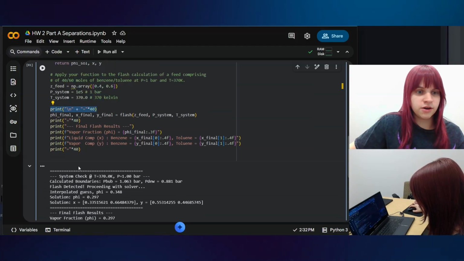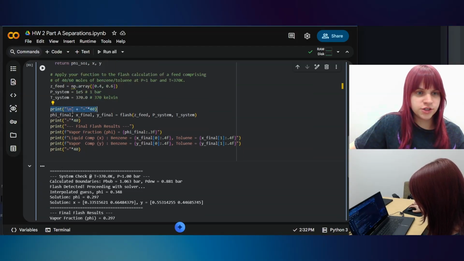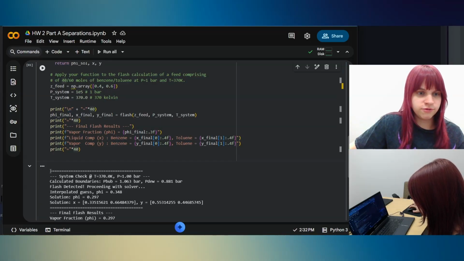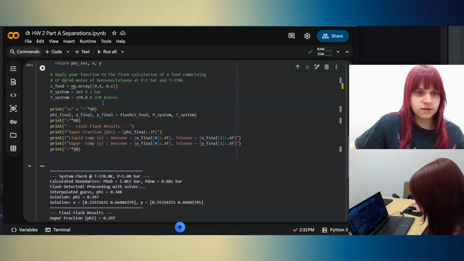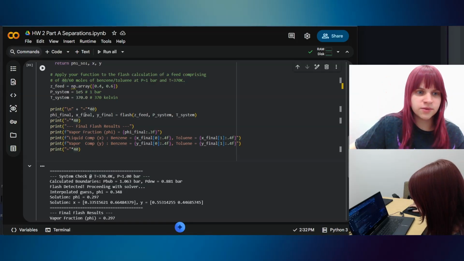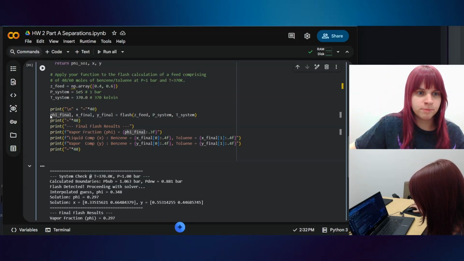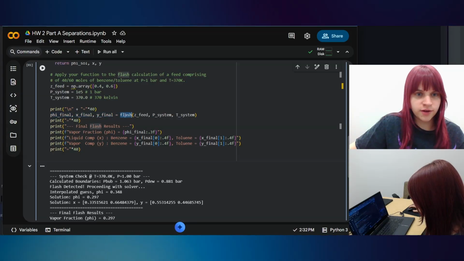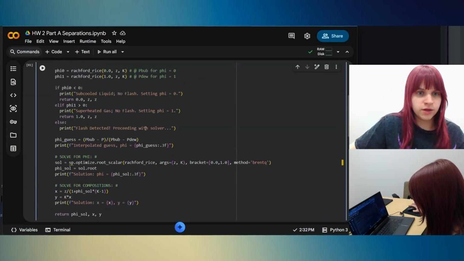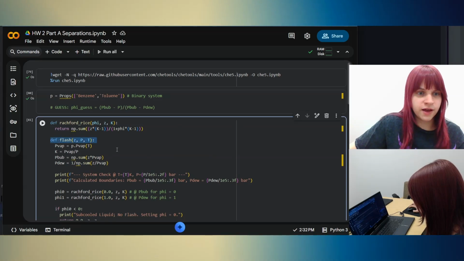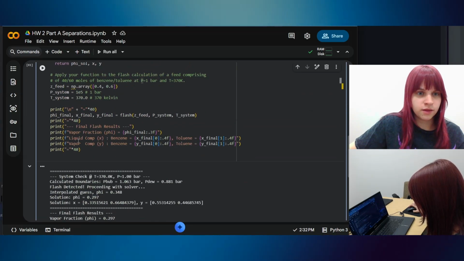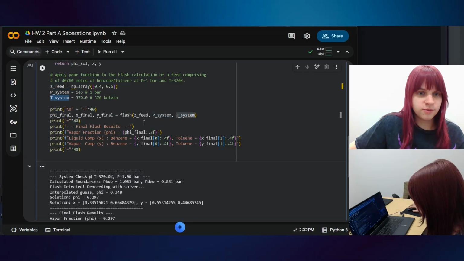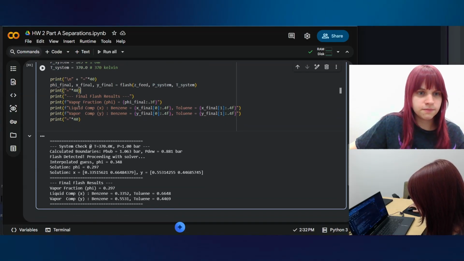This print right here creates an enter with this \n, and then 40 equal signs, just to kind of divide things up a little bit visually. And then here we're saying that the final phi, x final, y final all come from this flash, and we are running the flash with the Z feed, P system, and T system given. And then we print the final flash results.